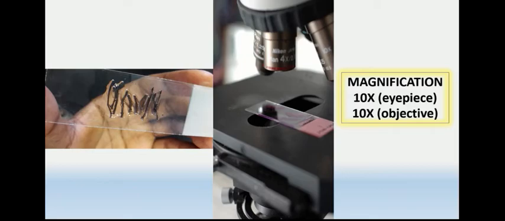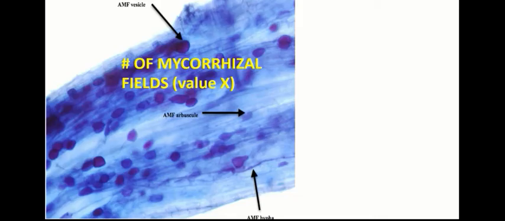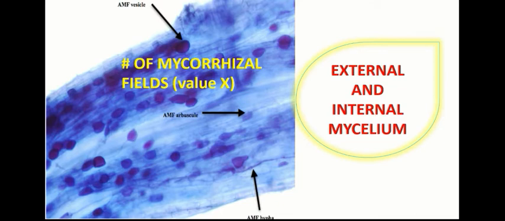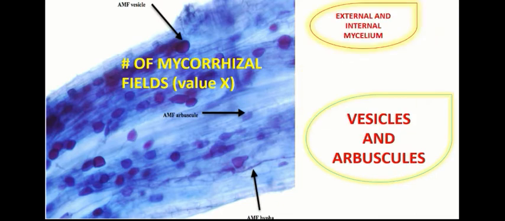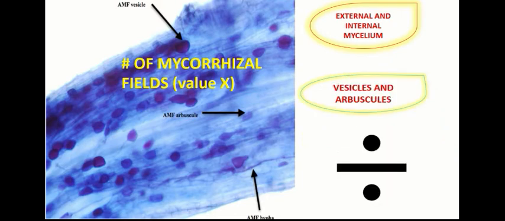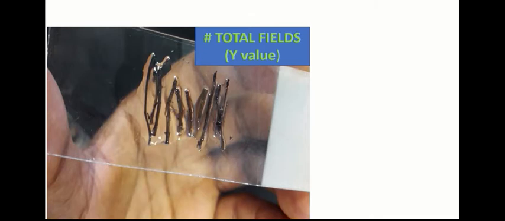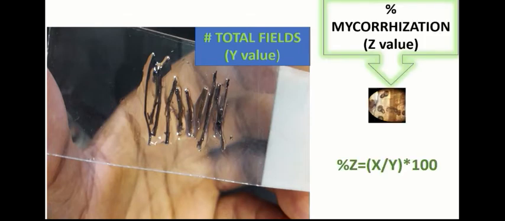The number of mycorrhizal fields, valued as x, was then counted, that is, fields with the presence of fungal structures such as external mycelium, internal mycelium, spores, vesicles and or arbuscules, and were divided over the total fields observed on the slide, which was valued as y. Then the percentage of mycorrhization was expressed as the Z value.